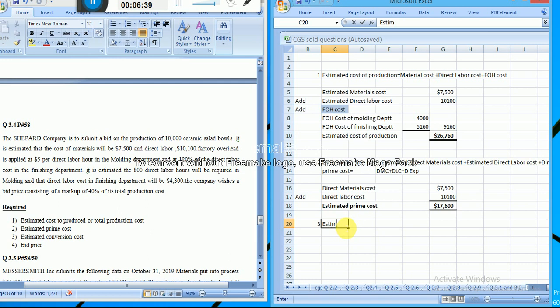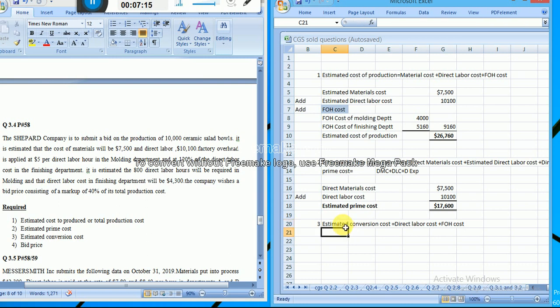The third part is estimated conversion cost. Estimated conversion cost is equal to direct labor cost plus factory overhead cost.